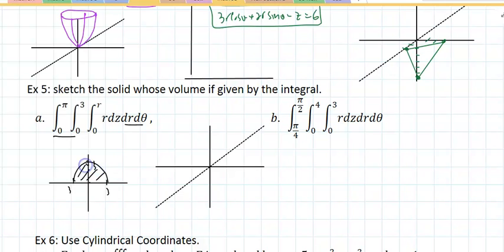They're talking about this part. Right? Now I notice that z runs from 0, so negative 3 on the x, and 3. Something like that. Now, z runs from 0, from the ground, to r. z equals r, that's z equals the square root of x squared plus y squared. That's a cone.